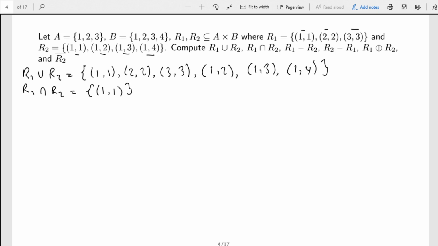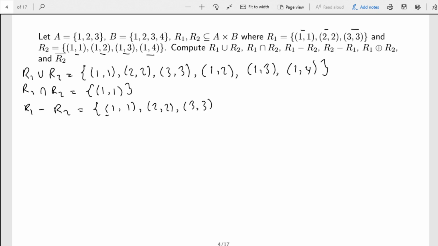Now R1 minus R2 is obtained by starting from the pairs in R1 and then taking out the ones that are in R2. The good thing here is that the only pair among these three that is also in R2 is (1,1).